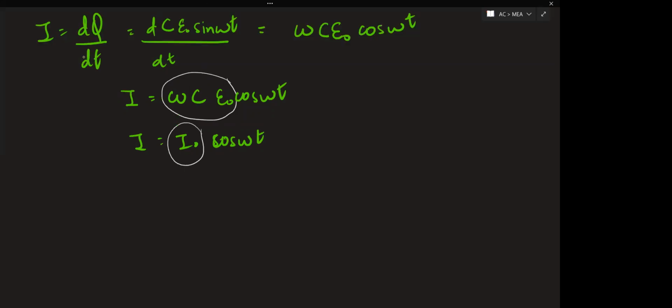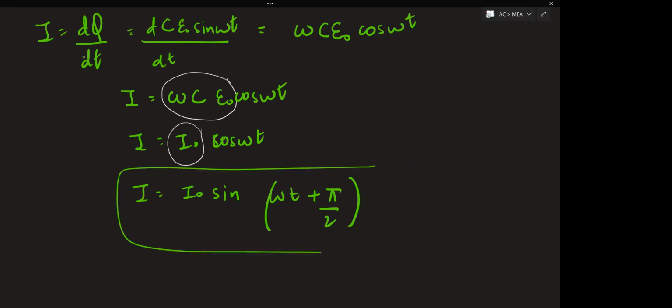To make it in terms of sine, I write I naught sine omega t plus pi by 2, because there is a difference of 90 degrees between them. To change it, you can add 90 degrees in the sine value to get cos.